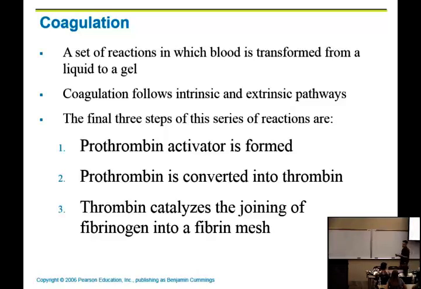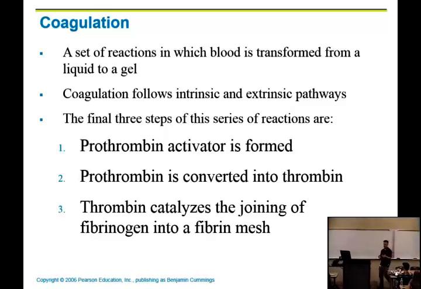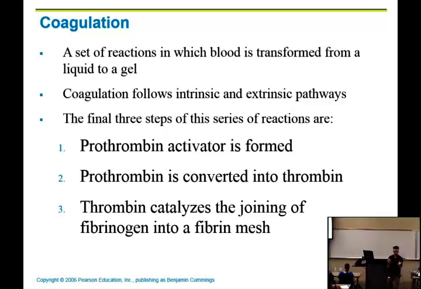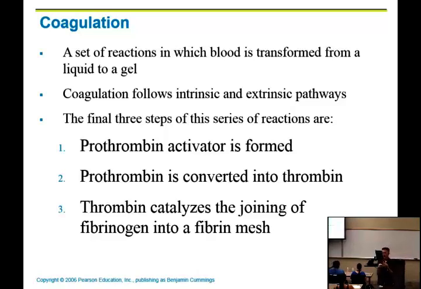Now, when we were introduced to what components of the blood we had a long time ago, we said that floating around in the plasma, we've got a bunch of different things. There's ions, and there's hormones, and there's molecules. We said there are three different plasma proteins that are always floating around in there. Albumin, we said, is important in terms of osmotic pressure, so that we can transfer water back and forth from the tissues. But we also said that there's one in there called fibrinogen. So fibrinogen is always in the blood, and it's soluble.